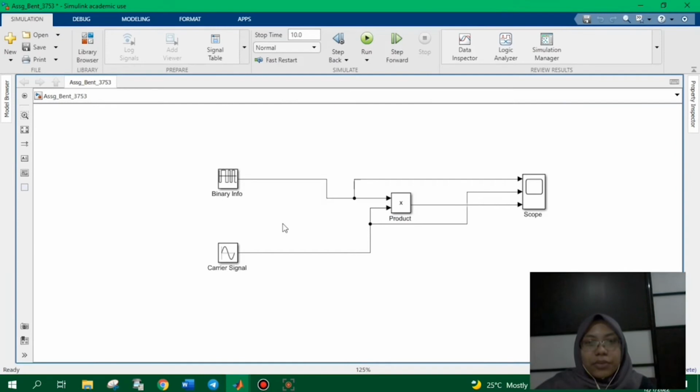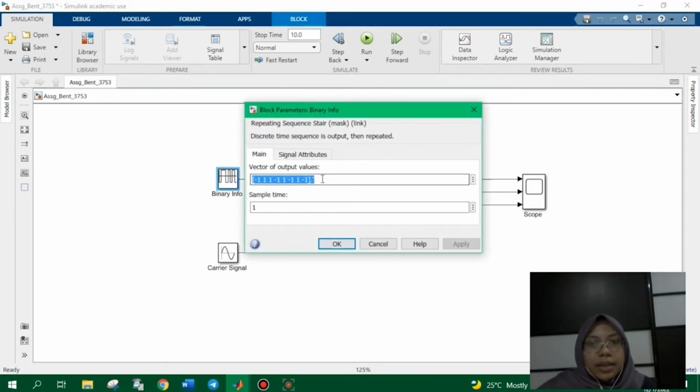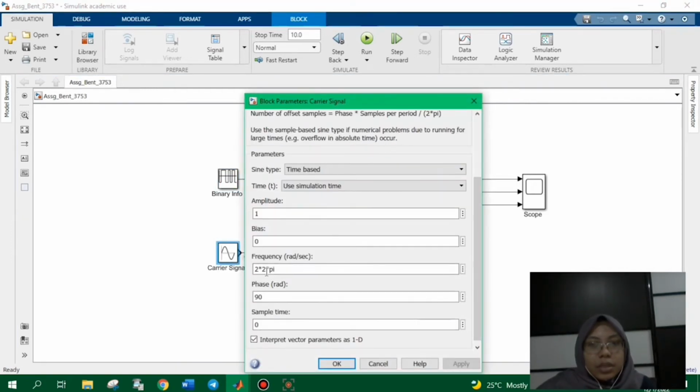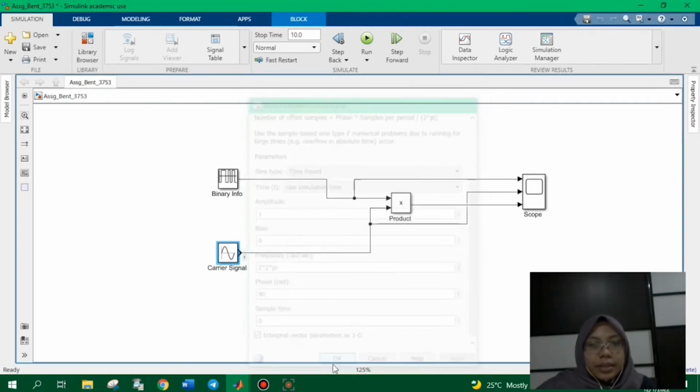Okay, next for the BPSK modulation and demodulation in Simulink MATLAB. At the binary info, we put the signal the same as the MATLAB code. At the carrier signal, we set the frequency to multiply with pi, and the phase is 90 degrees.